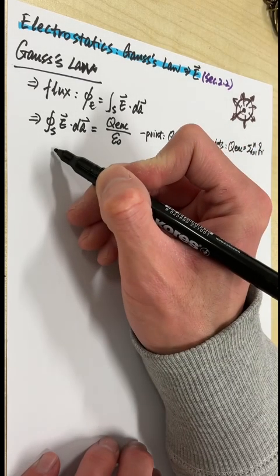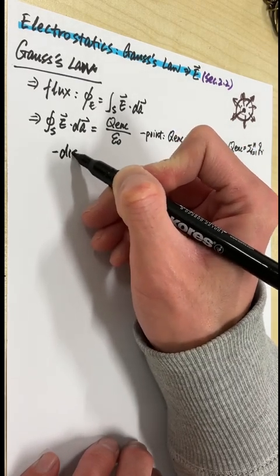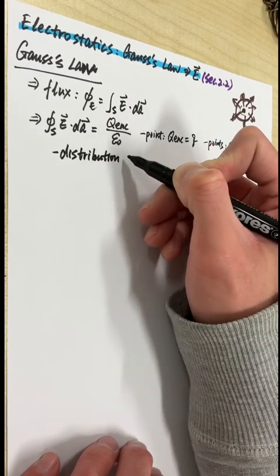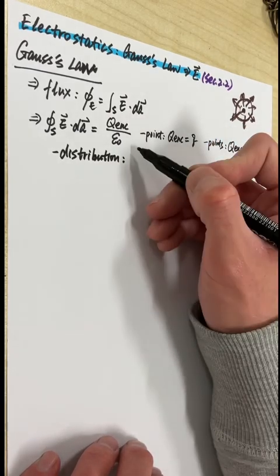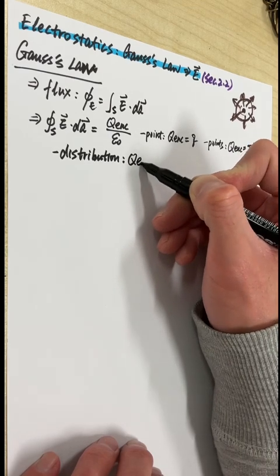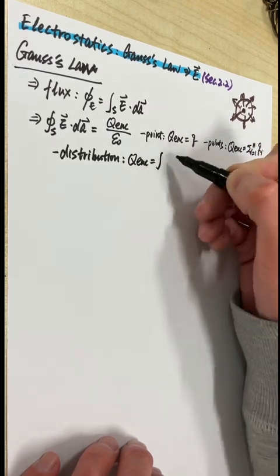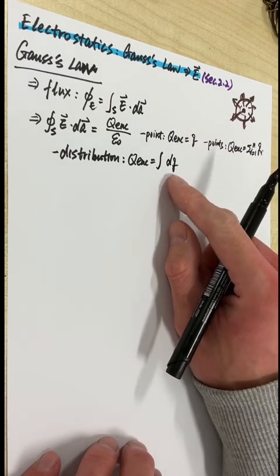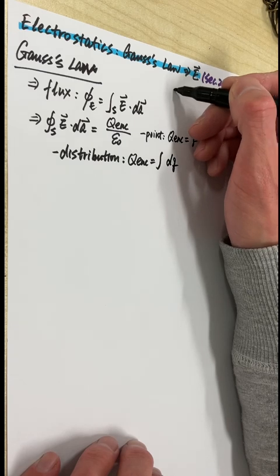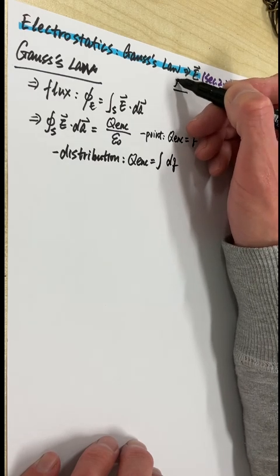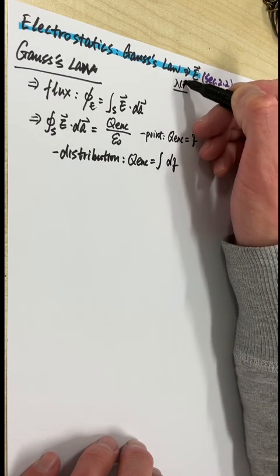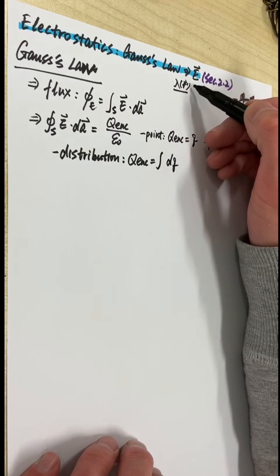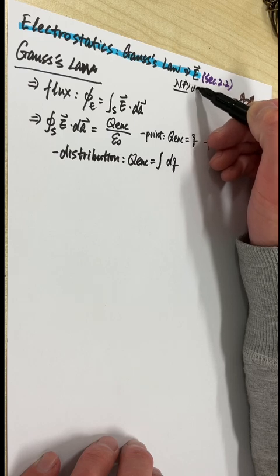Now, if it's a distribution, we have the density, and we need to calculate an integral. So what is dq? If I have a line charge, we have a density as a function of location. Then dq is lambda times dl.